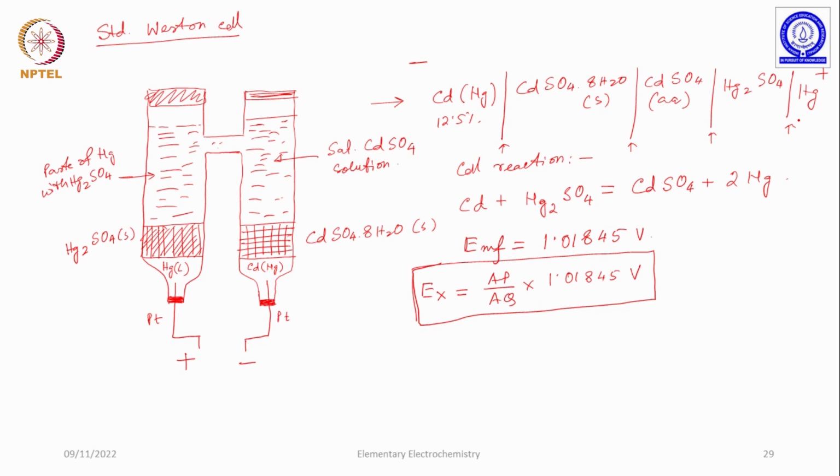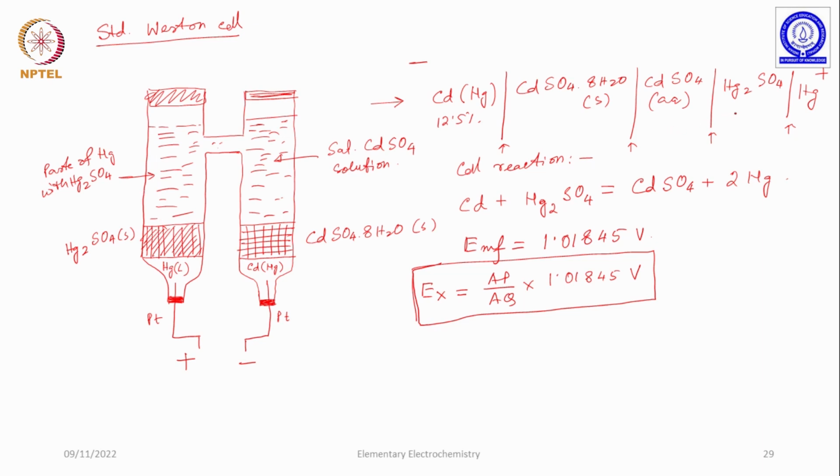Then we will discuss what is the difference between a single line and a double line. For the time being, the single line here indicates the phase boundaries. Here it is mercury liquid, which is in connection with mercurous sulfate solid. So, there is a boundary. Then this mercurous sulfate solid is in equilibrium with a boundary, which is a paste of mercury with mercurous sulfate.